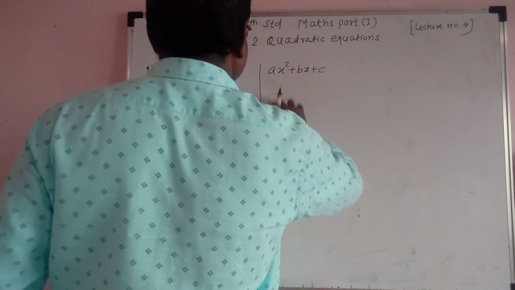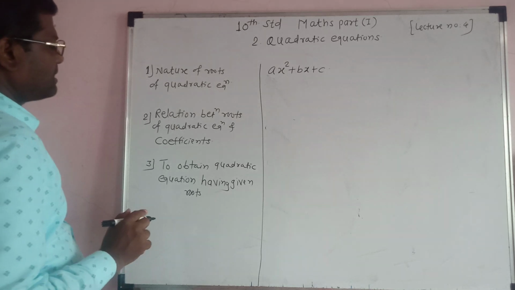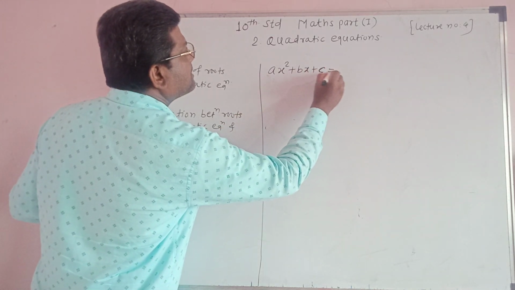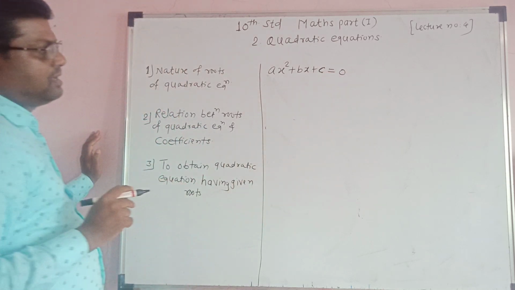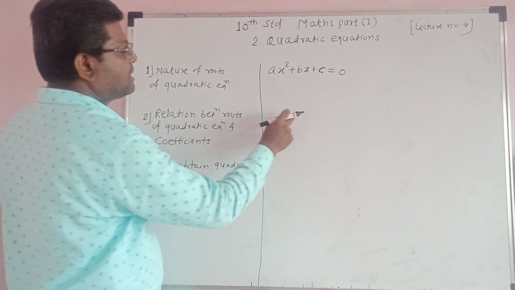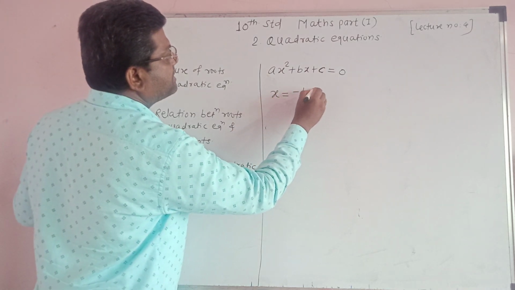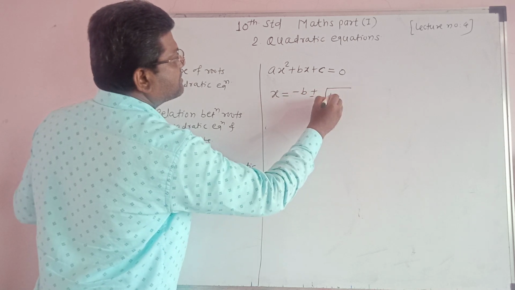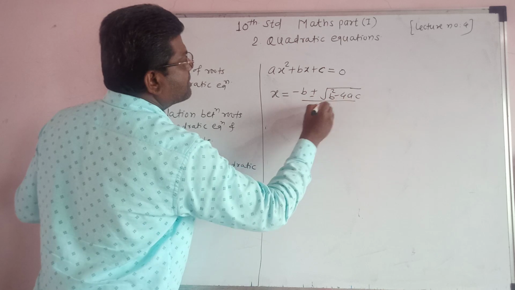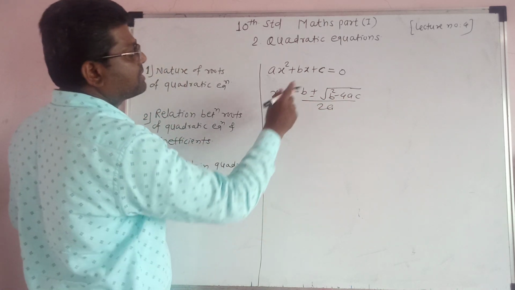Now the next point is relation between roots of quadratic equation and coefficients. This quadratic equation is given by ax² + bx + c = 0, and its solution is x = (-b ± √(b² - 4ac)) / 2a. Therefore, we have two roots here.